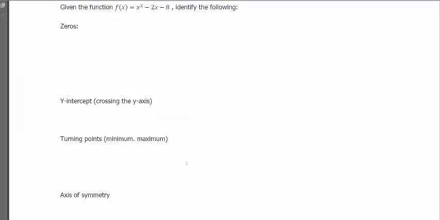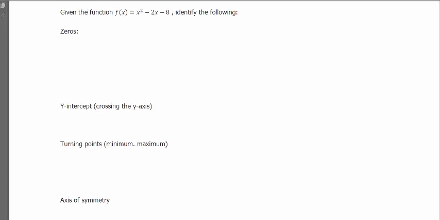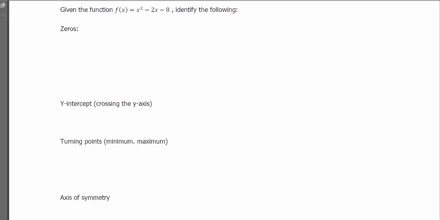Okay, the next thing would be turning points. Basically we can say that since the x squared term is positive, it's going to be a minimum. We know that. The question is, how do we solve this algebraically?